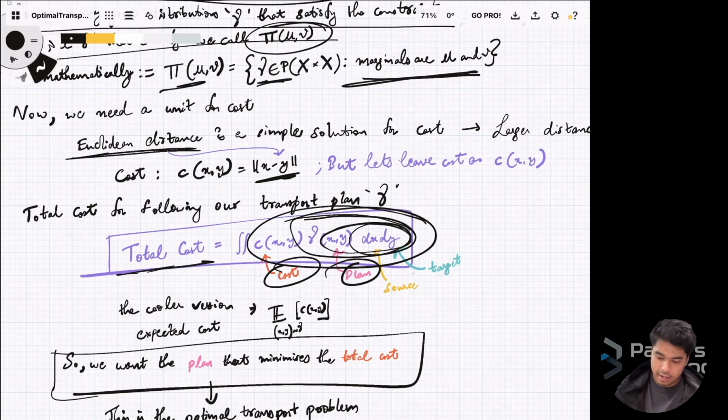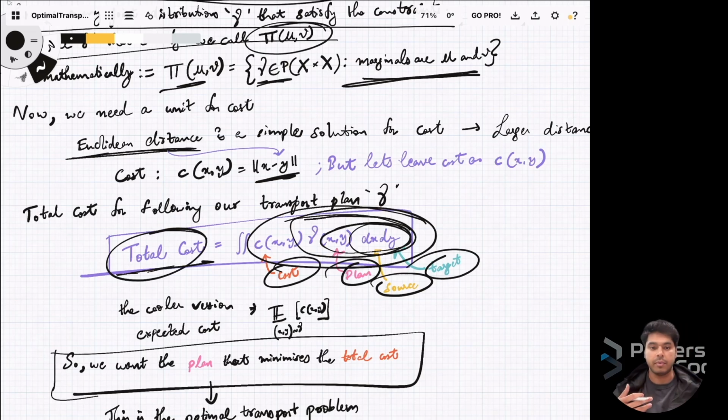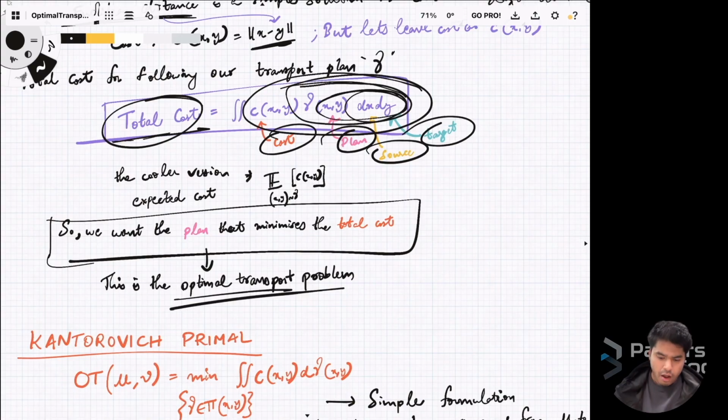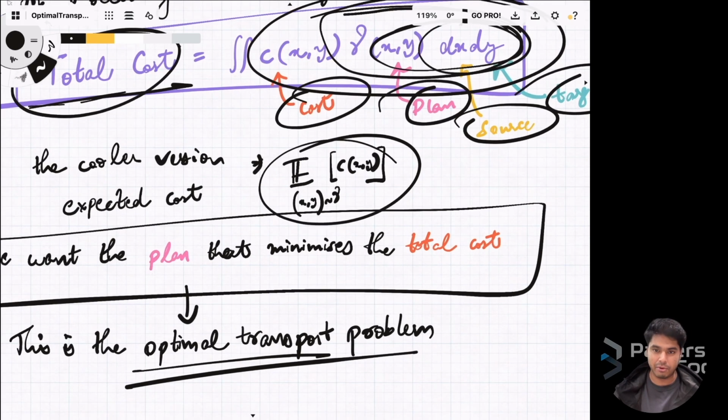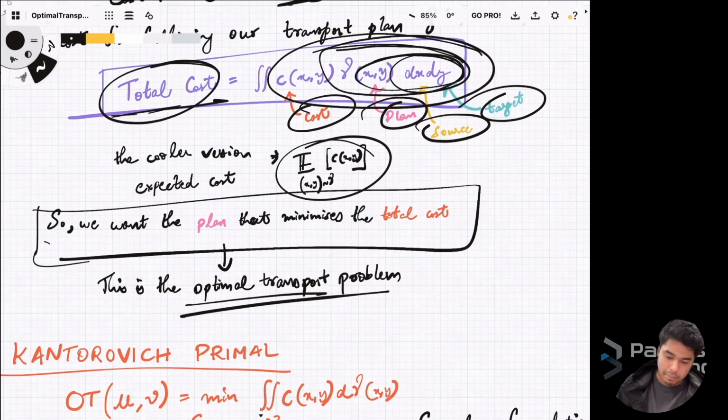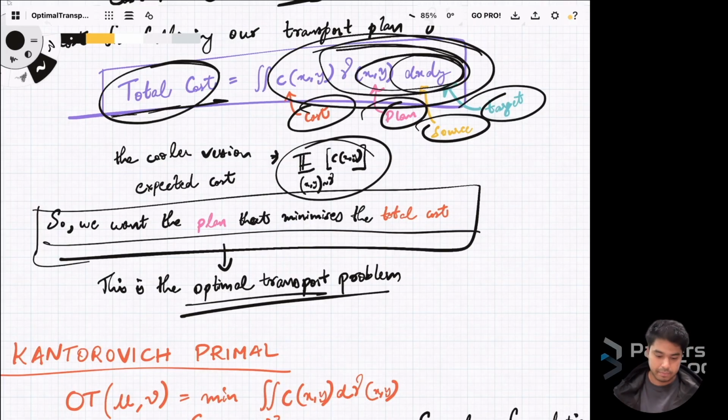The cost, plan, source, and target all need to work together to create a total cost, and we are trying to find the one with the lowest cost. Of course, the cool version of writing this is the expectation of cost, and we are trying to minimize the expected cost. That's the version you'll find in research papers. So we want the plan that minimizes the total cost.